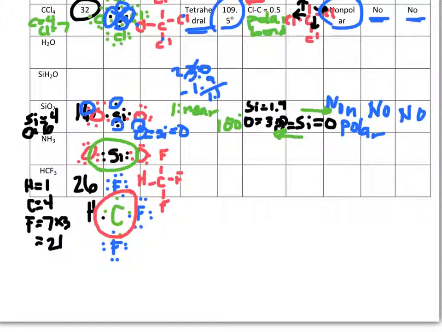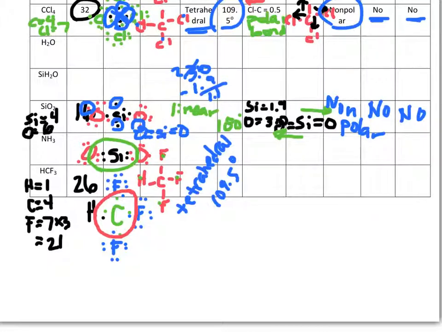All 4 sides have dots on them. And look, all 4 sides are bonded to an element. Okay, so if we have 4 sides and they're all bonded, that means it's going to be called a tetrahedral shape. And the bond angle of tetrahedral is 109.5. Again, you just have to memorize it.